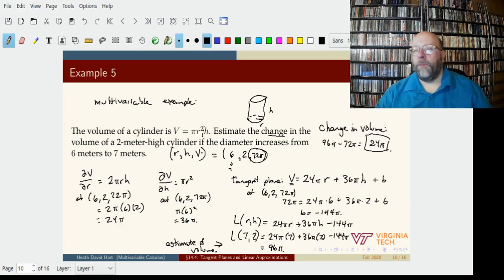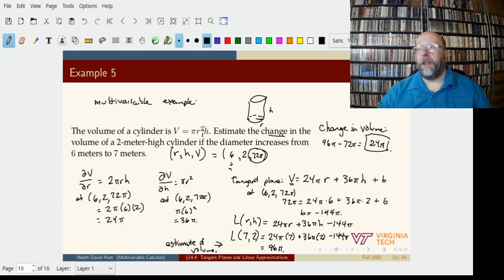A little bit of work here, but I'm hoping all of this is making sense. We find the equation of a tangent plane, which has a slope in the r direction and a slope in the h direction. So we do both partial derivatives. It also has an intercept, in this case a v-intercept. So we plug in the point 6, 2, 72 pi to solve for b.